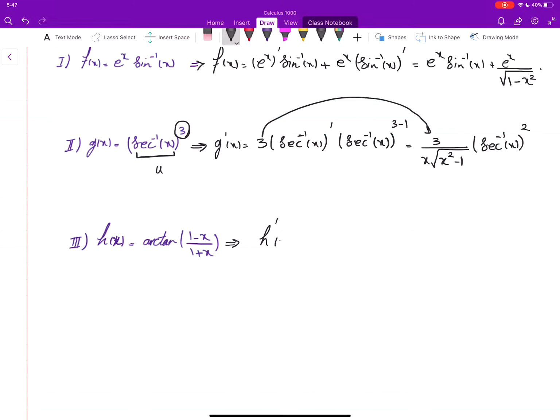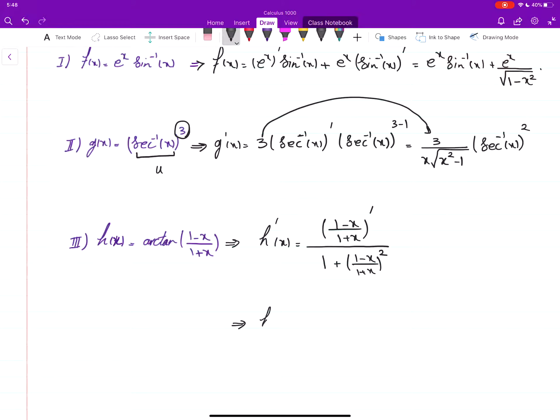You see, the derivative of tan inverse is 1 over 1 plus x squared. Now we have a function inside, so you apply the chain rule: the derivative of (1 minus x over 1 plus x) over 1 plus (1 minus x over 1 plus x) squared.